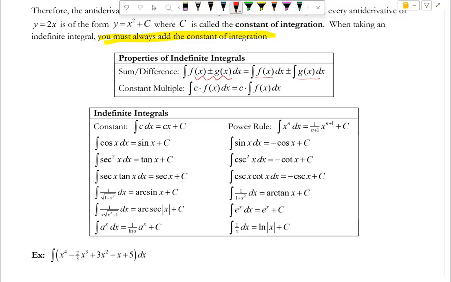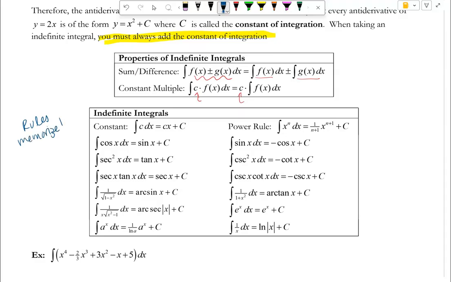And similarly, when I have a constant, I could pull it out, find my antiderivative, and then multiply by the constant. All of the indefinite integrals in this box, and these aren't all of the ones we're going to learn, are rules that we are going to need to memorize.